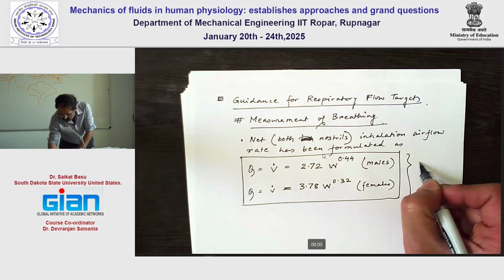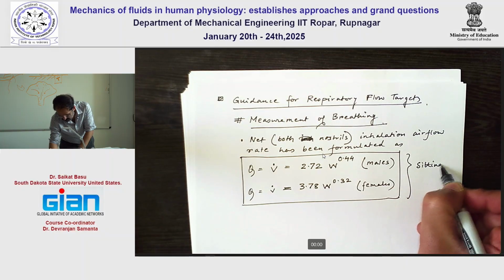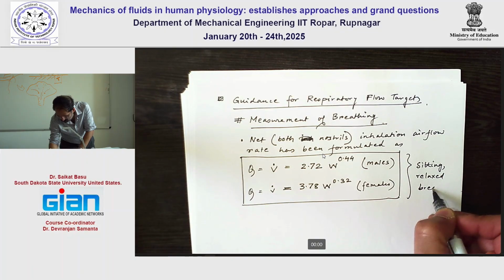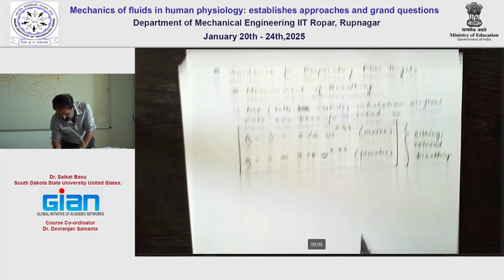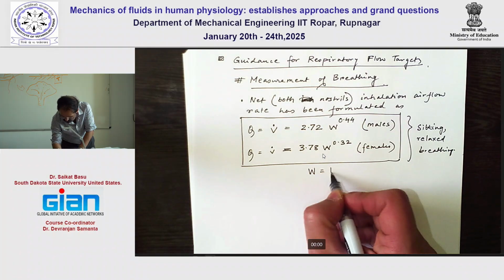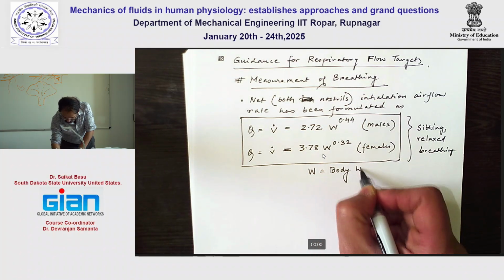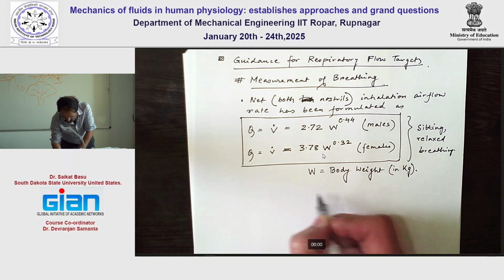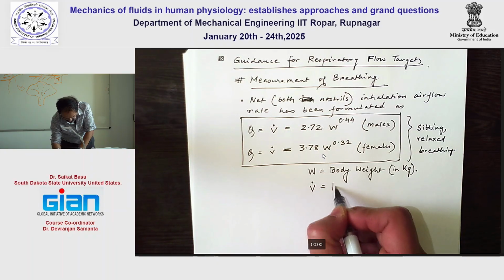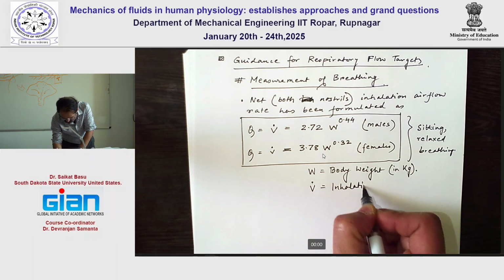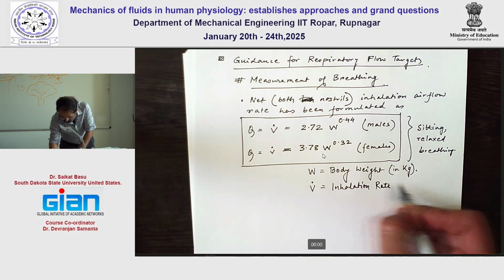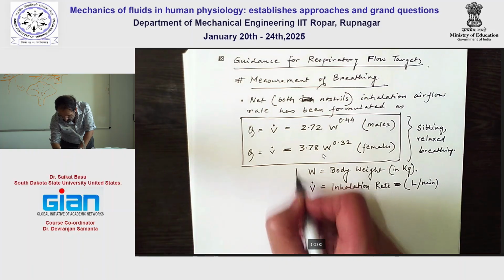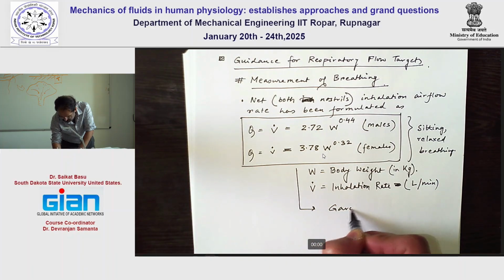So this is data collected when the subjects were sitting with relaxed breathing. And the W is the body weight in kg, and the V dot is the inhalation rate in liters per minute. And this work is from 2009.